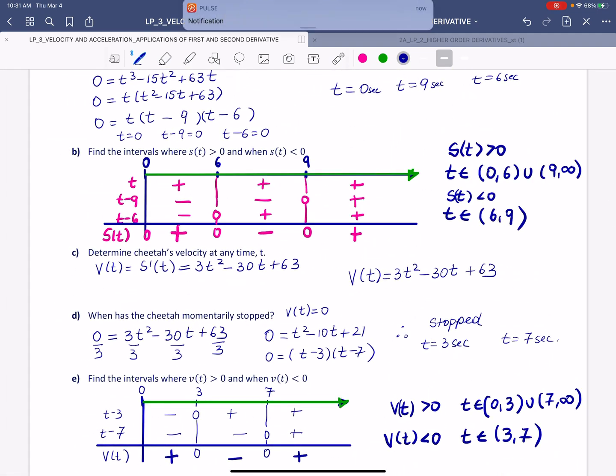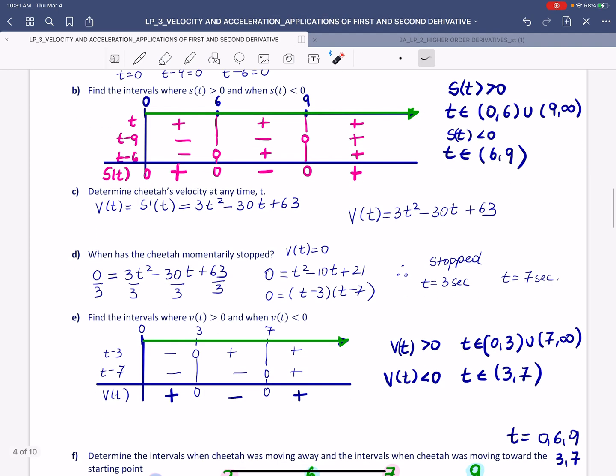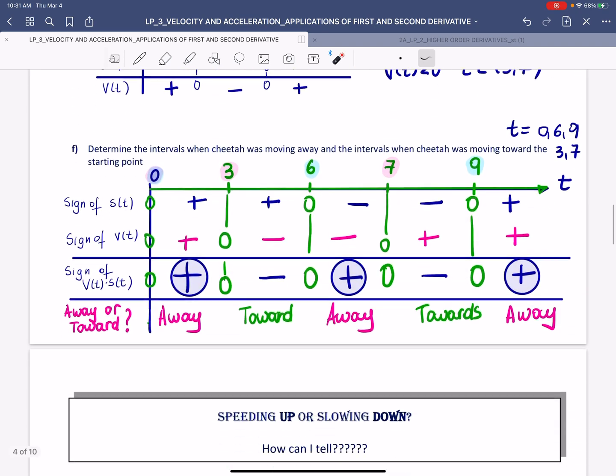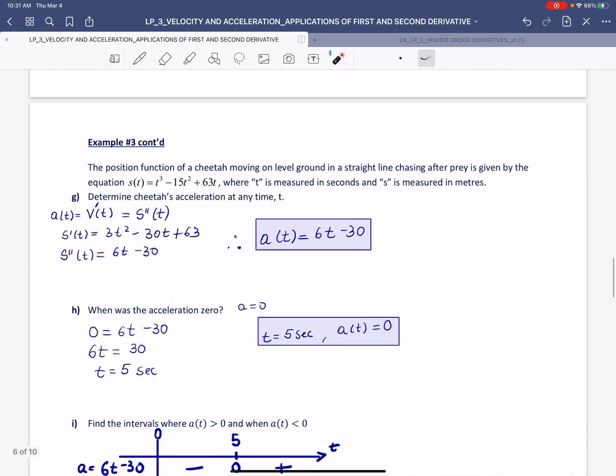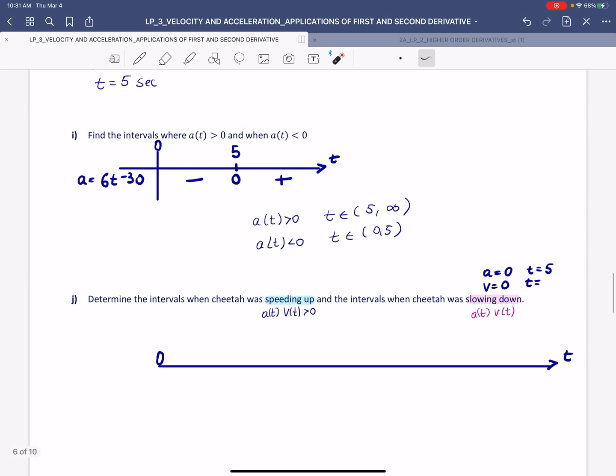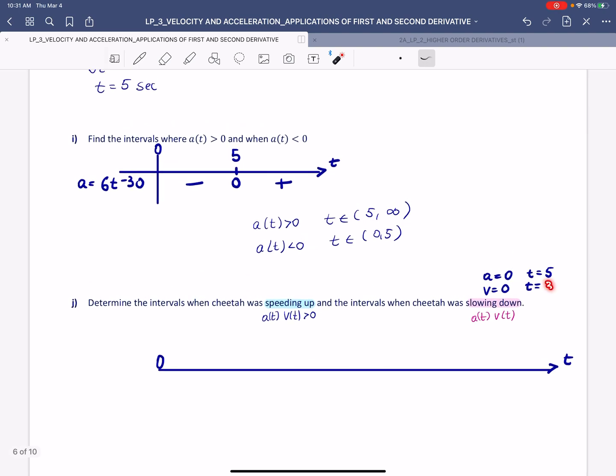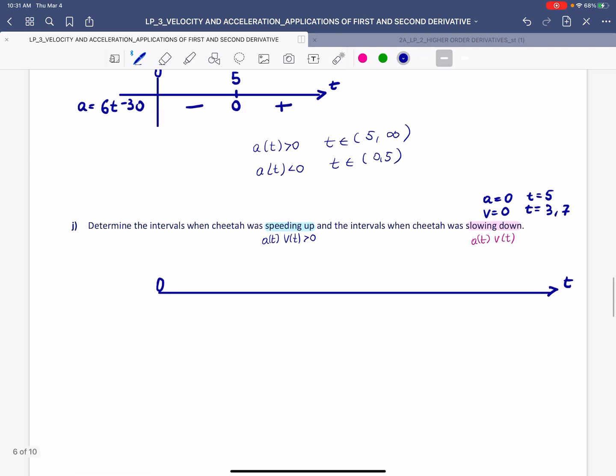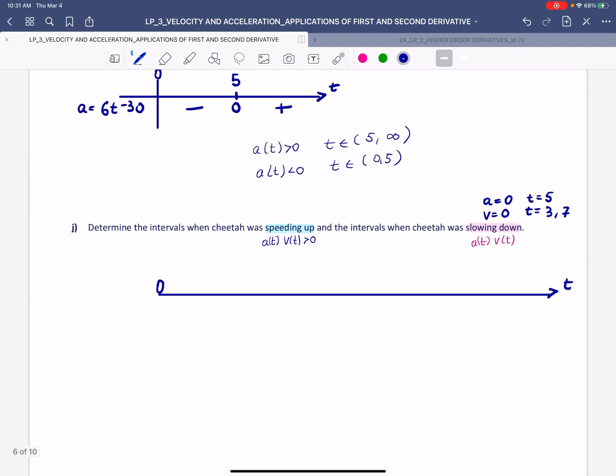So we said that velocity is 0 at the times 3 and 7 seconds. So on the number line, we'll have to place the numbers 3, 5, and 7 in order.